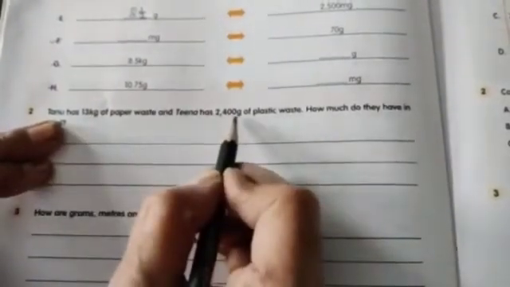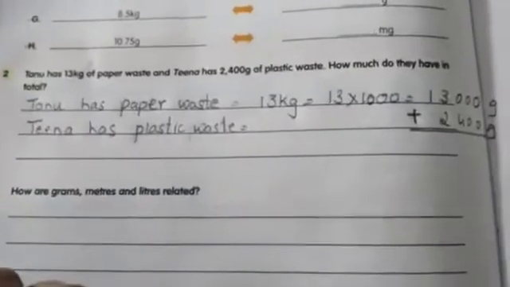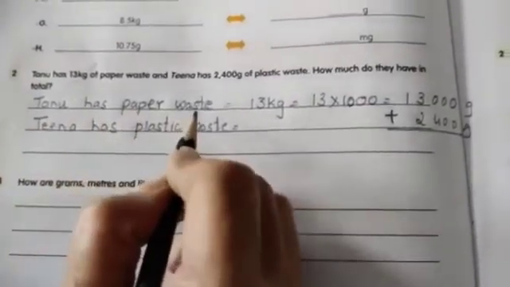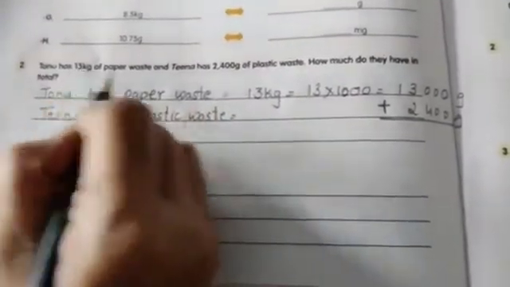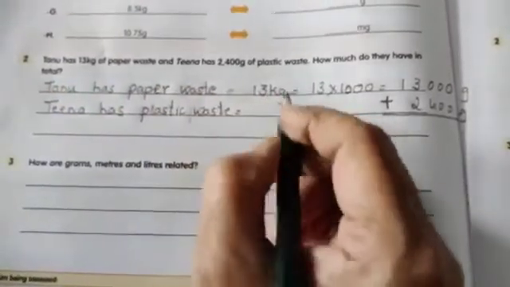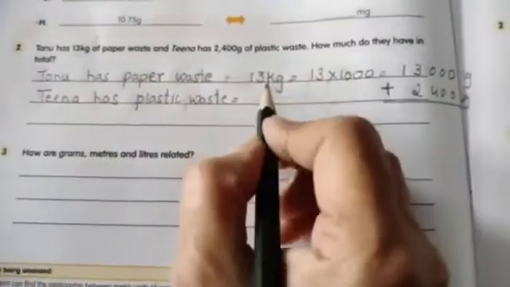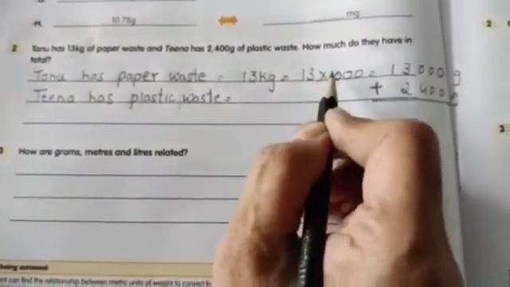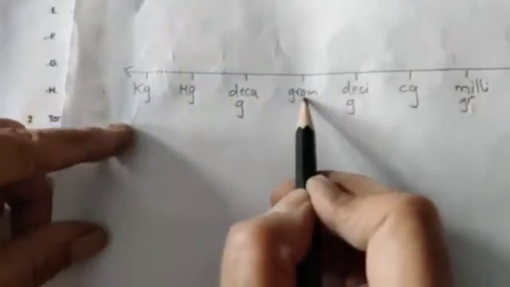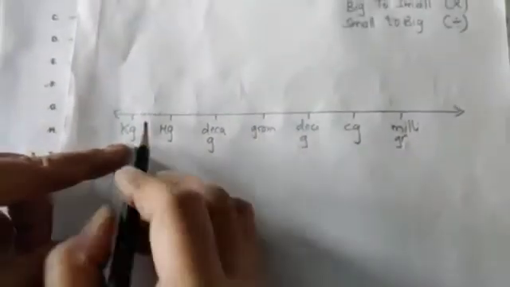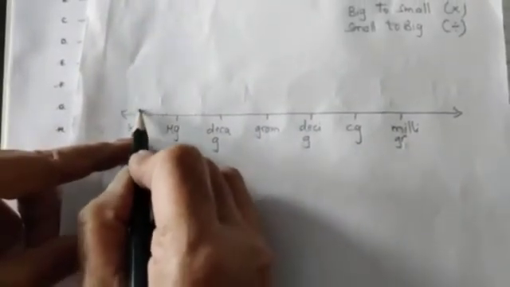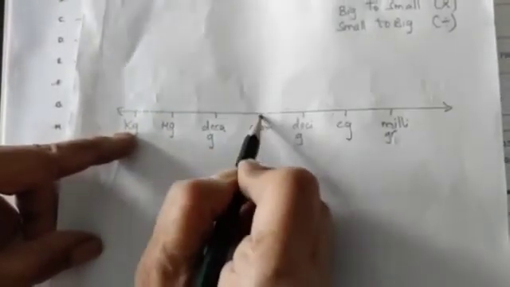Now we will convert 13 kg into grams. Tanu has paper waste of 13 kgs. So when you convert kg to grams, bigger unit to smaller unit, how much do you have to multiply, children? 1000. 10 into 10, 100, 100 into 10, 1000.